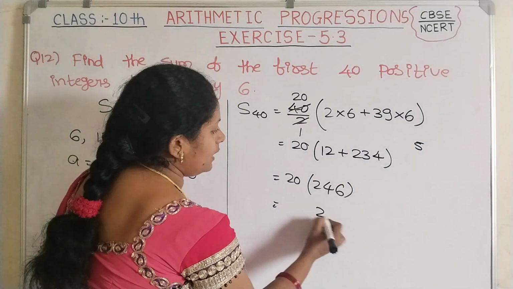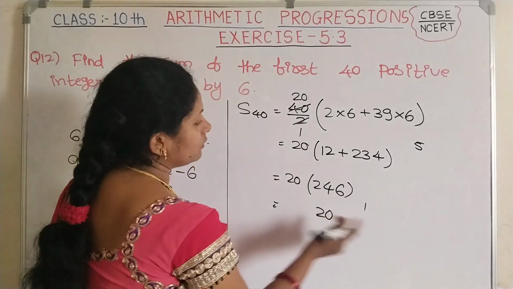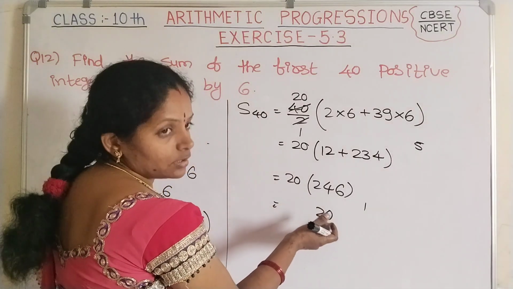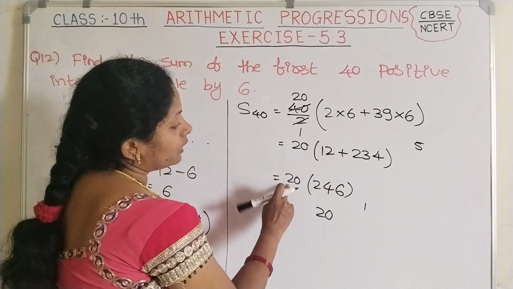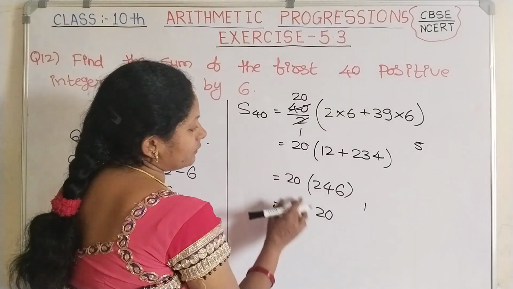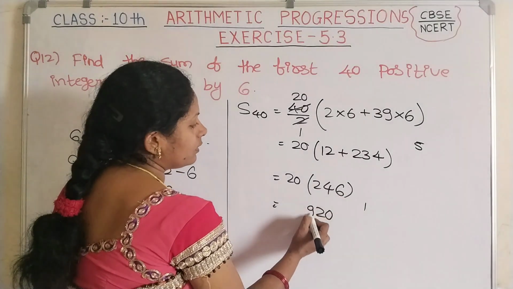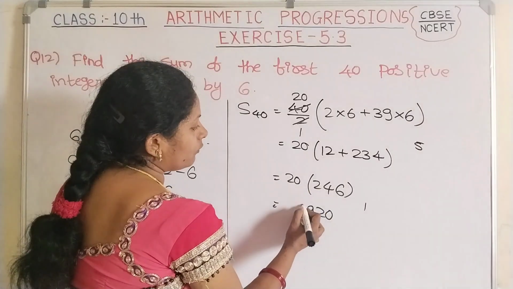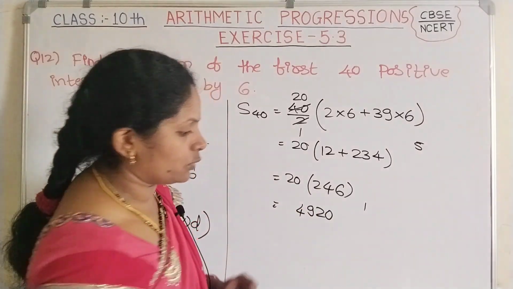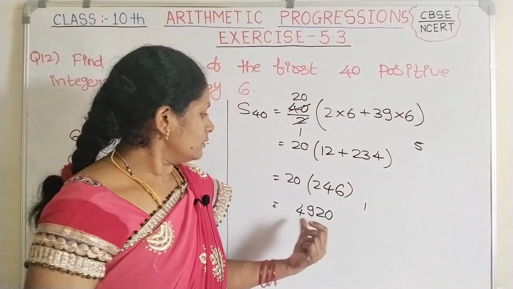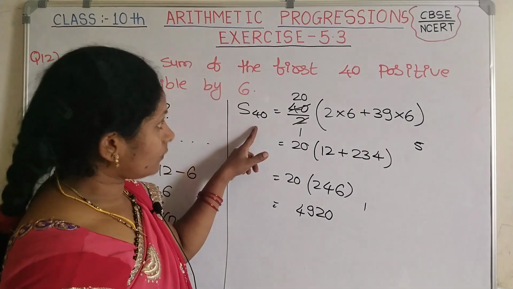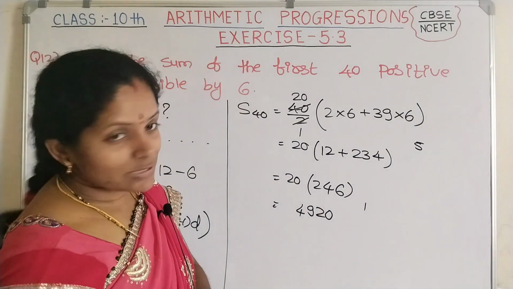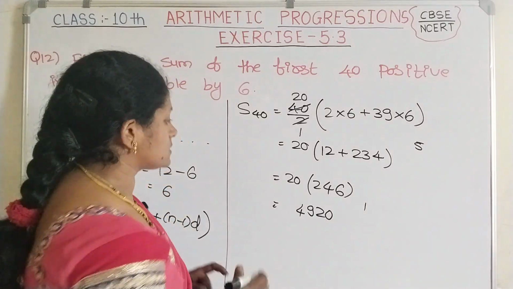2 6s are 12, or we can take the 0 here, because 20 into something, at the last we will get the 0. 2 into 6, it is 12, carry 1. 2 4s are 8 plus 1 is 9. 2 2s are 4. 4920. This is the sum of the first 40 positive integers which are divisible by 6.